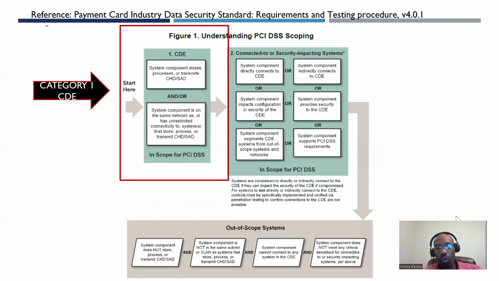And now we'll go over understanding PCI DSS assessments scoping. You can see here we're going to look at category 1, what I call category 2, and we'll also look at category 3.